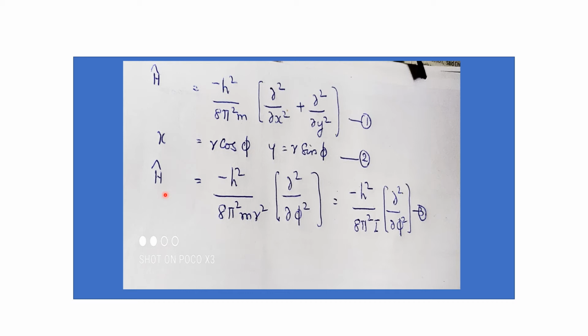Hence, equation 1 in polar coordinates can be represented as H operator equal to minus h square by 8 pi square m r square into dou square by dou phi square, that is equal to minus h square by 8 pi square I dou square by dou phi square, where I equal to m r square.